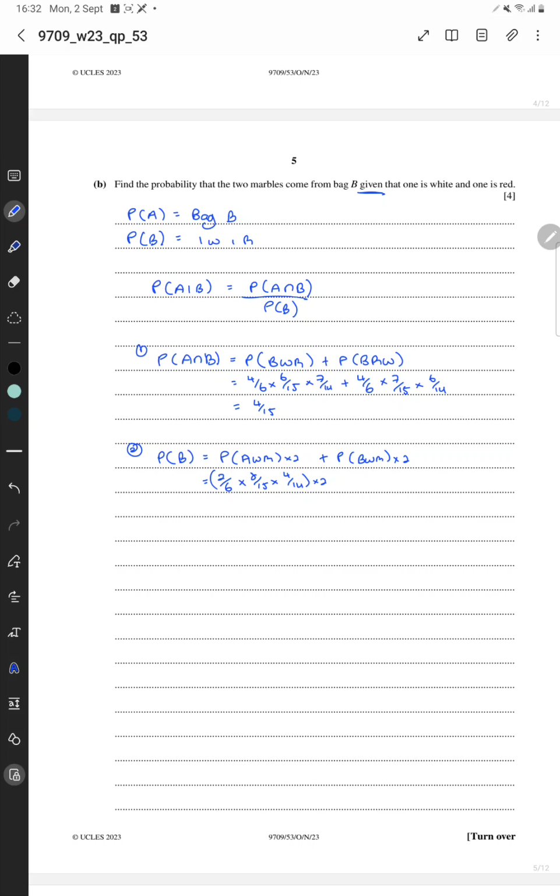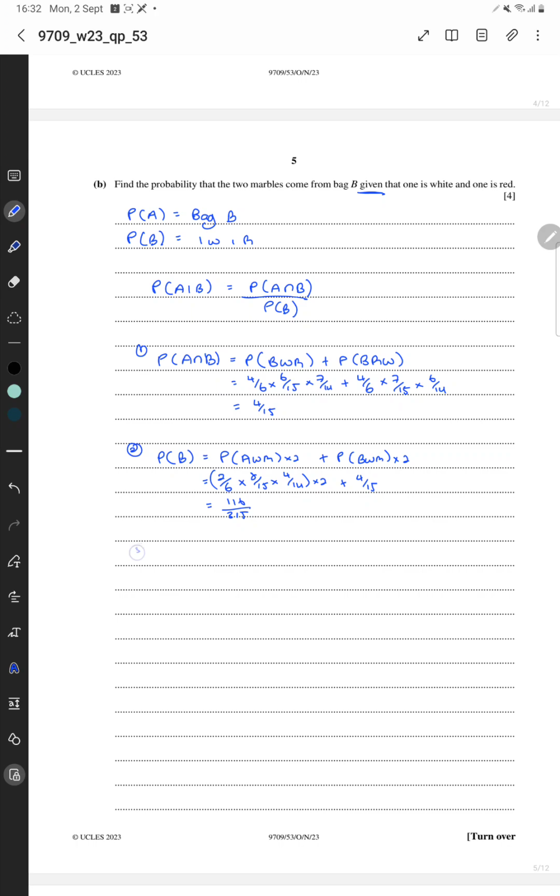This is only white and red, so we want to get red and white too. The second part is just 4 over 15. And we would get 116 over 315.